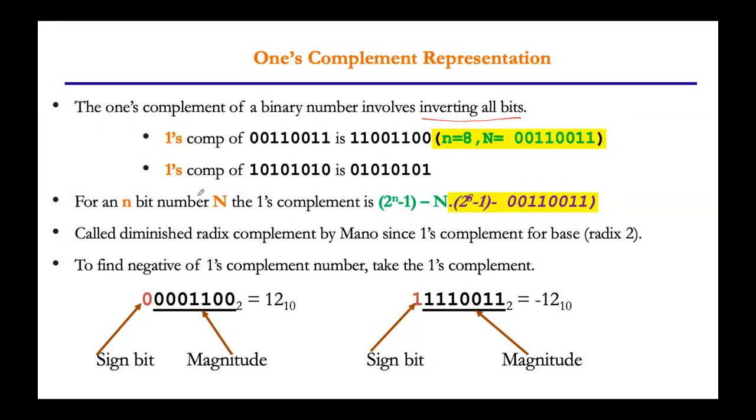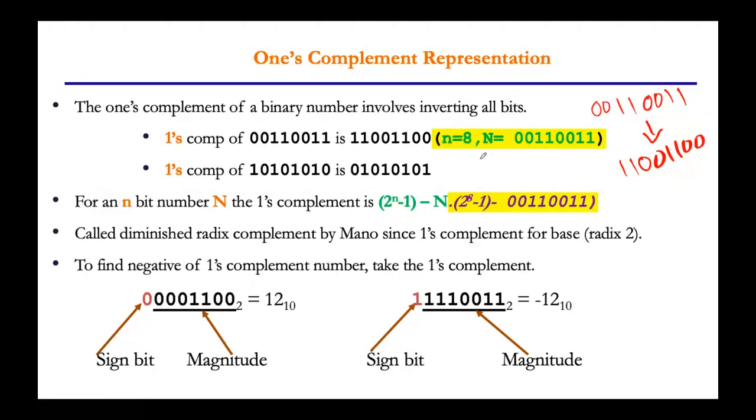Suppose I have the binary number 00110011. To find its ones complement, simply invert these bits: 0 becomes 1, 0 becomes 1, 1 becomes 0, 1 becomes 0, and so on. So that is inverting the bits, right?